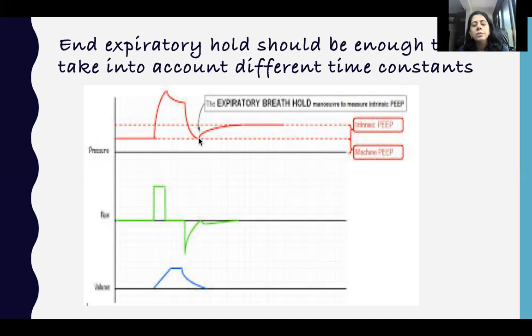When you give an expiratory hold, the pressure at the end of expiration will start rising and eventually plateau. This pressure is the total PEEP inside the lung. The total PEEP minus the external PEEP that you have set on the ventilator gives you the intrinsic PEEP, or the value of the auto PEEP.